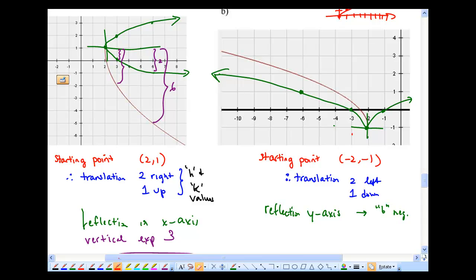So this unit was 1. Now it looks like my new graph is only half that. This distance here is 4. Looks like it's half that. 9. Yeah, half that. I think we've got a horizontal compression by a factor of a half.